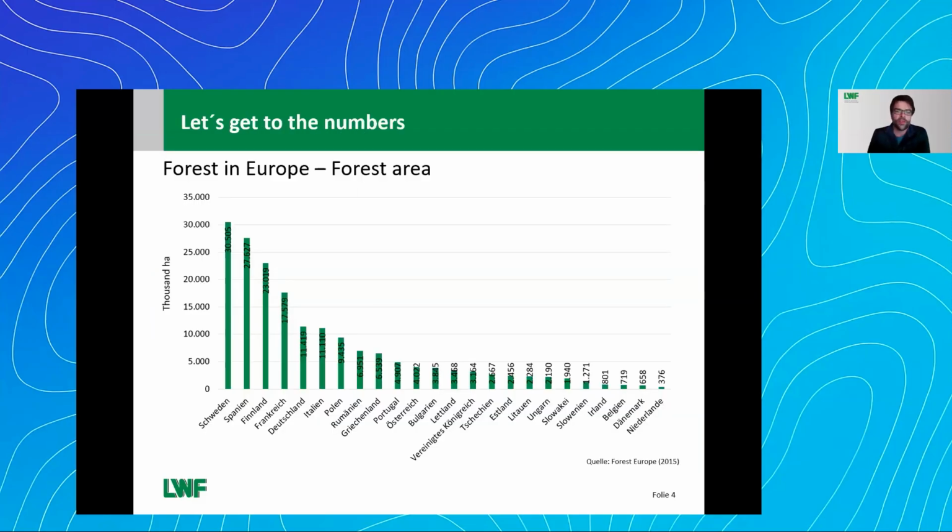This is the forest area in Europe, and you see clearly Sweden is leading with 30 million hectares of forests, followed by Spain, Finland, France, and only fifth, there's Germany. So we should look on stocks, because in forestry also stocks count.